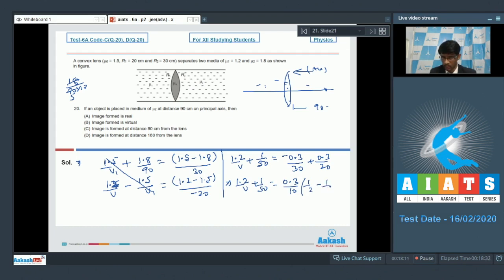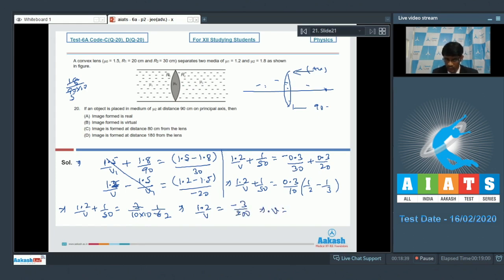That is 1 by 2 minus 1 by 3, which is 3 by 10 into 1 by 10 into 1 by 6, so 1 by 200 minus 1 by 50, which will be minus 3 by 200.